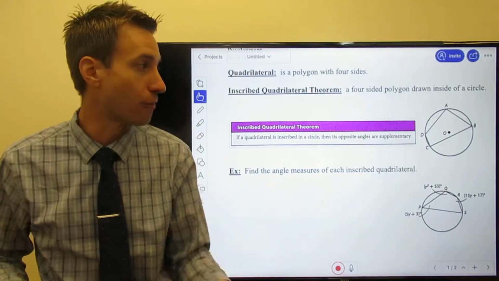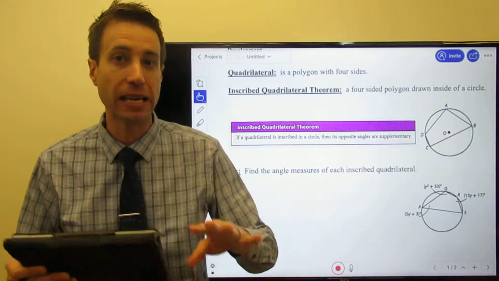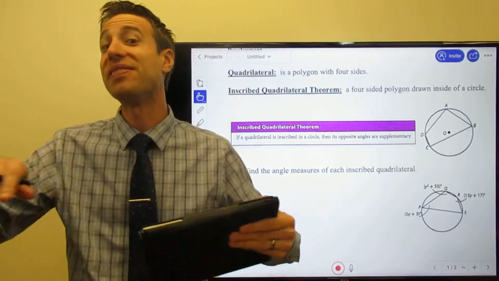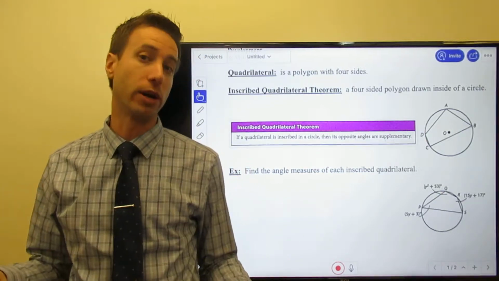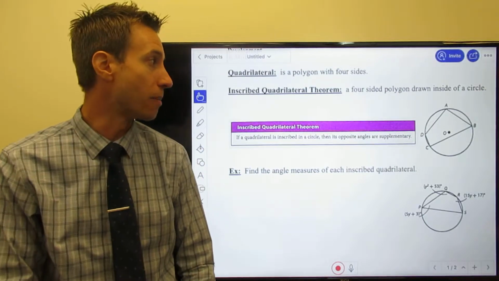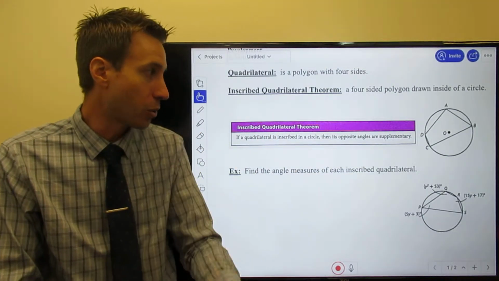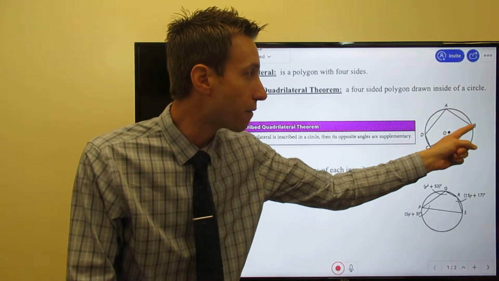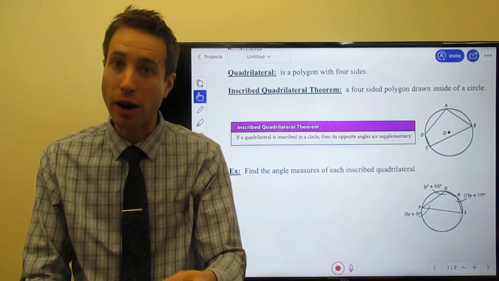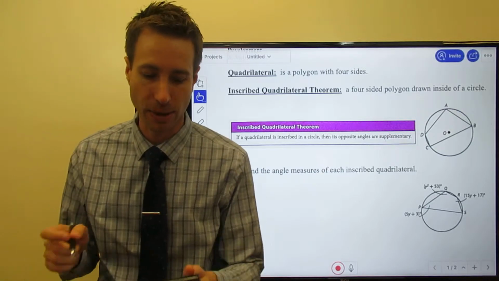I can't have one of those vertices not be on the circle, well, you could, but then the theorems we're about to talk about wouldn't apply. The inscribed quadrilateral theorem only works if each of the vertices of the quadrilateral is on the circle.